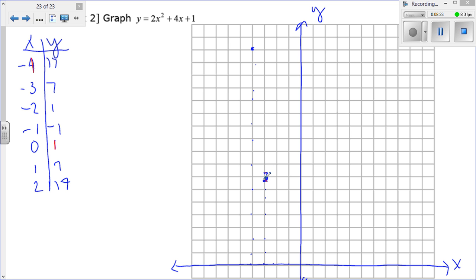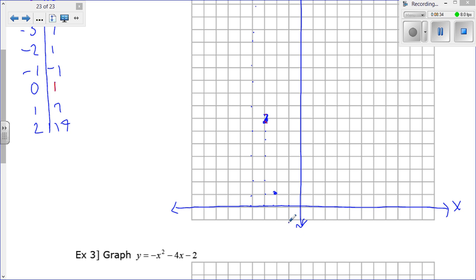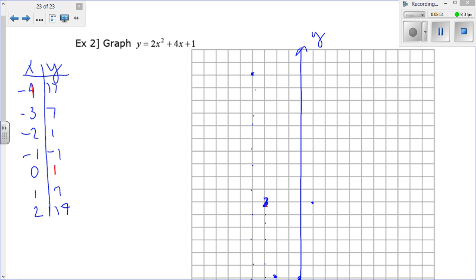And then -2, 1. And then -1, -1. 0, 1. And then 1, 7. And 2, 17.